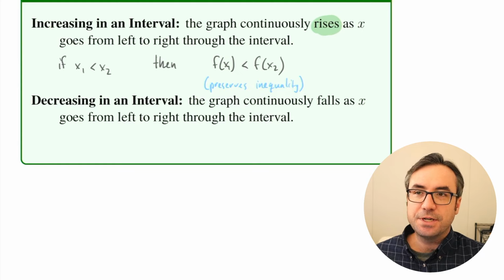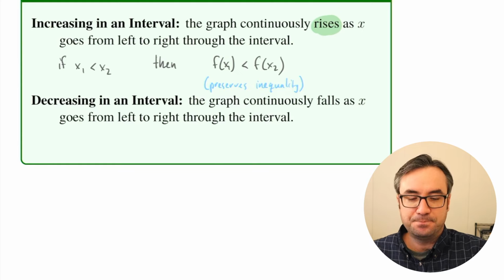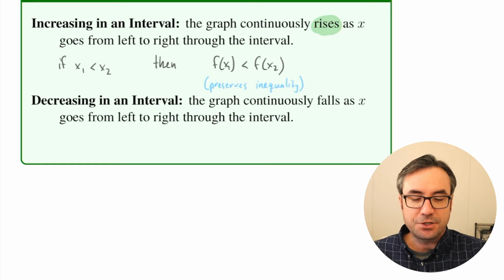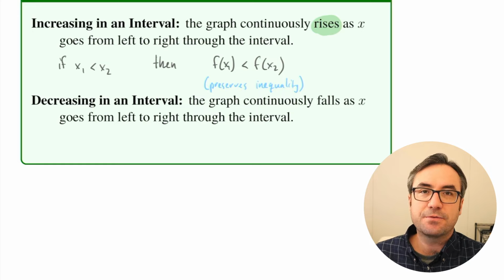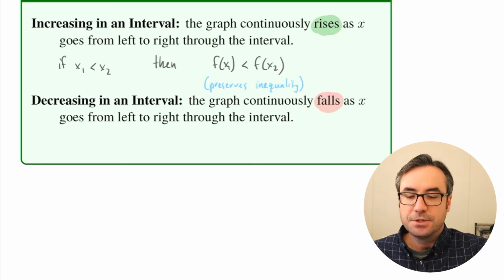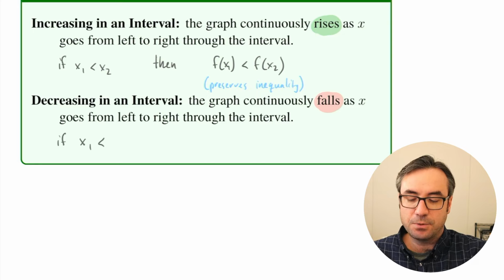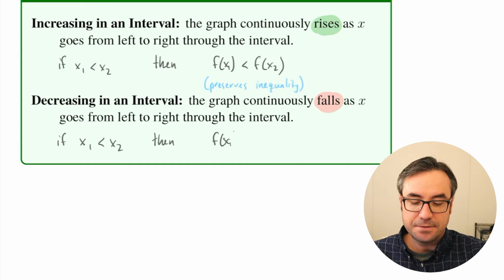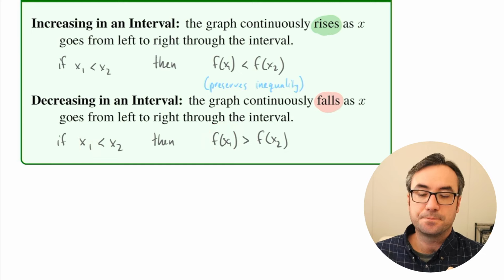We can think of decreasing as the opposite. With a decreasing function, as we read from left to right, the graph is falling. It's moving down. With inequalities, if we take two inputs, x1 less than x2, the smaller input becomes the larger output, and the larger input becomes smaller.